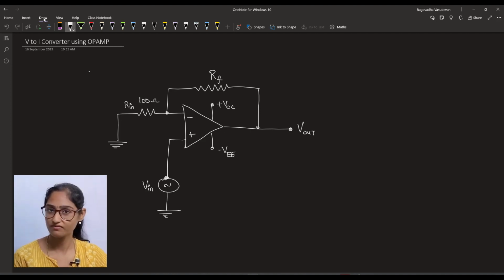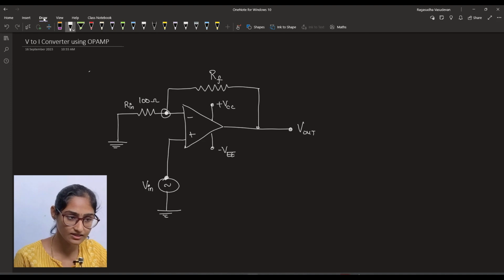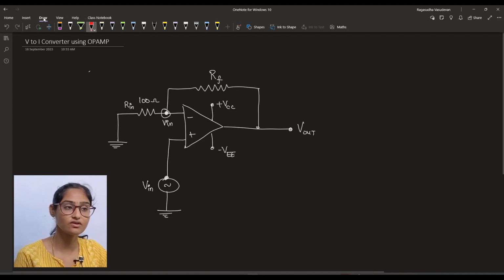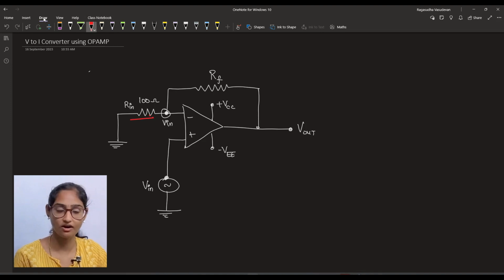Okay, so now the V2I converter. By the virtual ground concept, this voltage will be Vn, right? So when we are applying Kirchhoff's current law, the current that is entering this 100 ohm input resistance will be the same as the current flowing into this output resistance. So let's apply Kirchhoff's current law now.